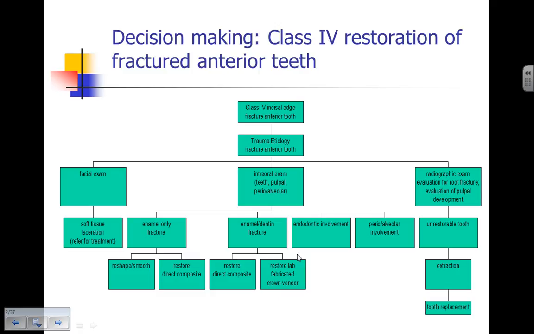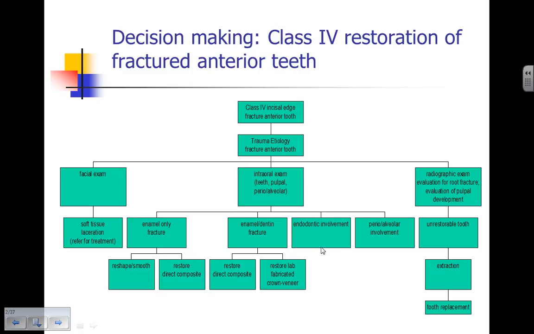Part of our evaluation when making the decision how and when to restore is whether or not the pulp is involved and there's endodontic involvement. And you'll be learning more about those types of assessments when you get into your endodontic course.